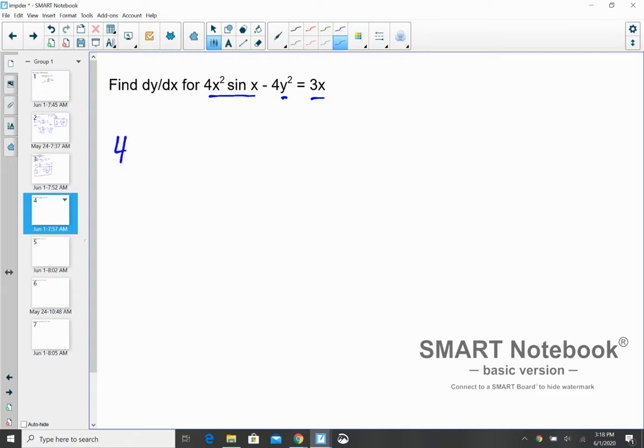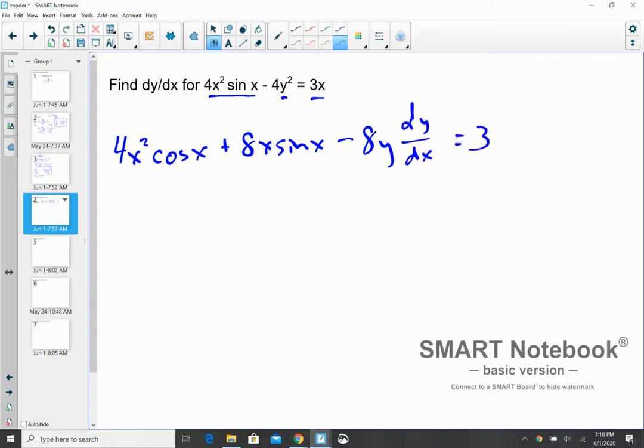So I have 4x squared cosine x plus 8x sine x minus, that's the product rule done. Now I'm up to the derivative of the 4y squared. So that would be 8y, and then a dy/dx equals 3.